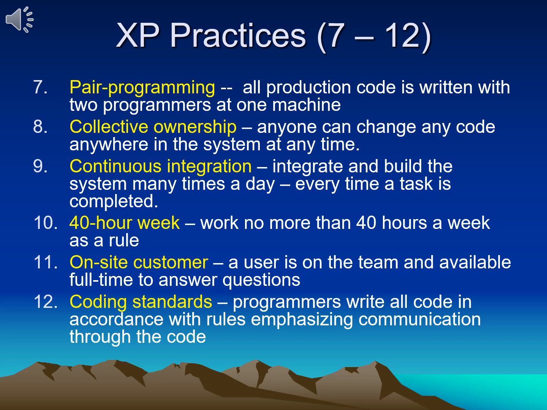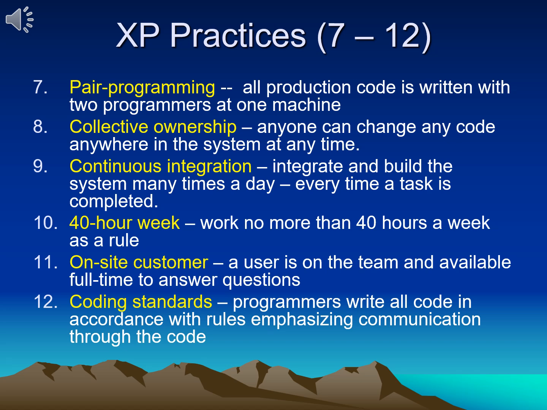Continuous integration. Developers integrate and build the system multiple times a day, ensuring that changes do not introduce defects. 40-hour work week. XP promotes sustainable work hours, ensuring that developers remain productive without burnout. On-site customer.